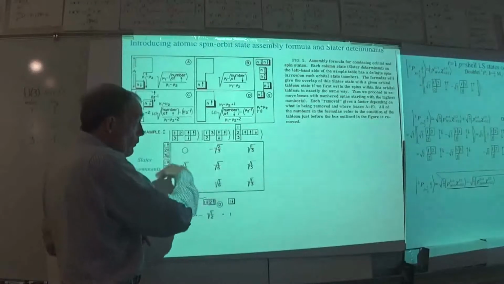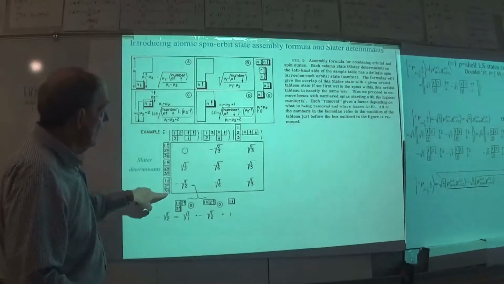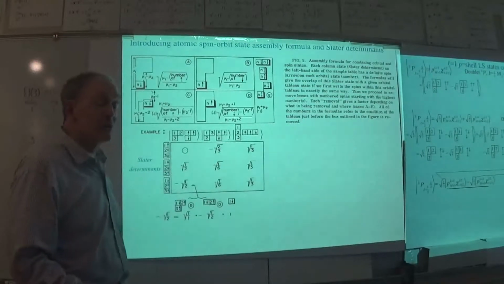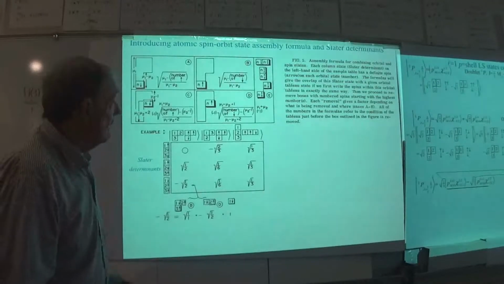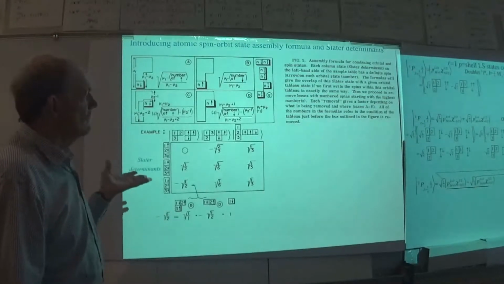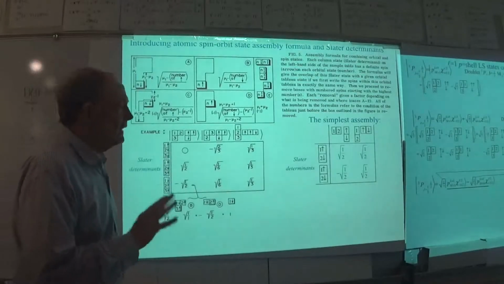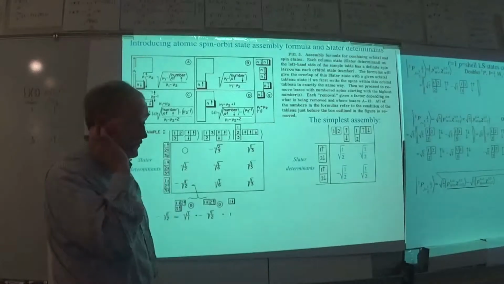So this is an orthonormal matrix right here between Slater determinants and a particular subset of all the tableaus that we would have in this P shell. And how do you get it? What does it do? Perhaps it would help if I detail the simplest example of this.